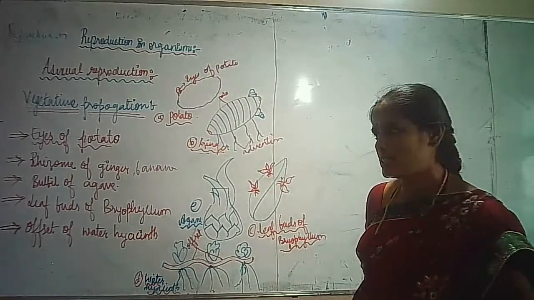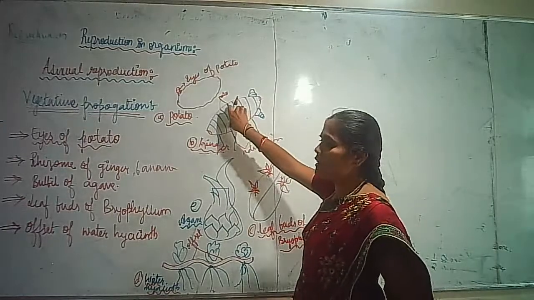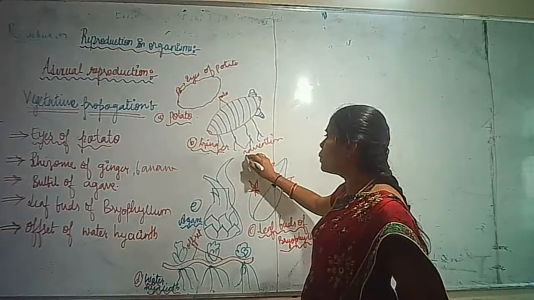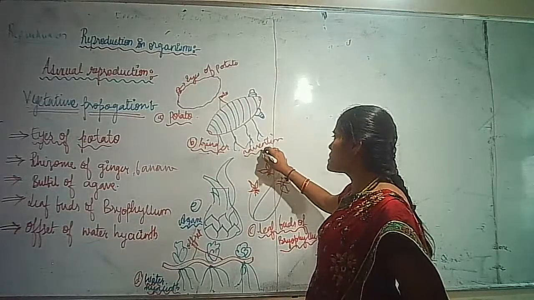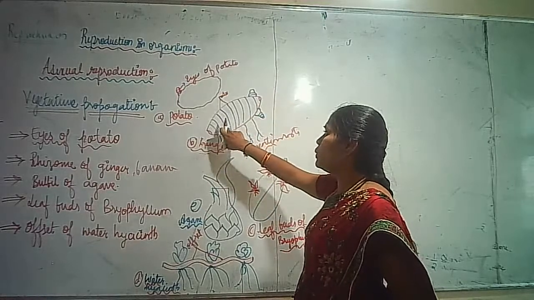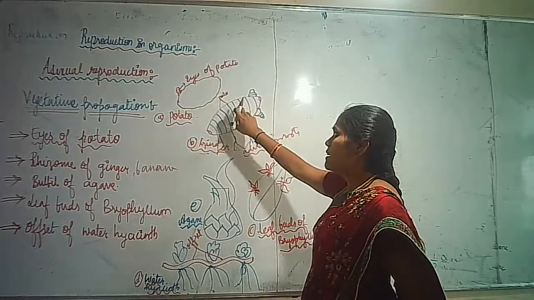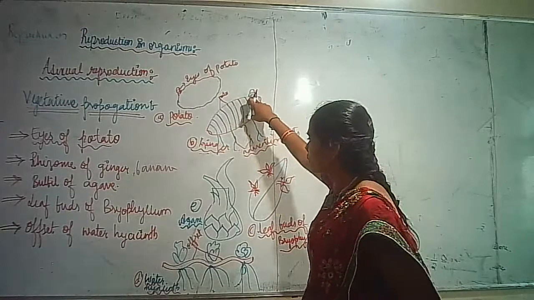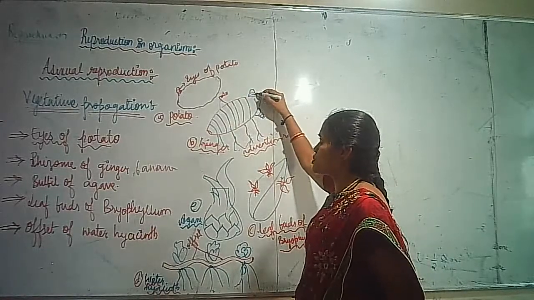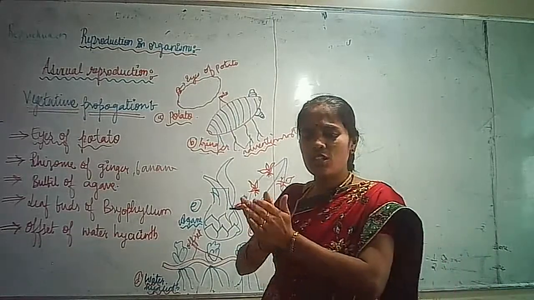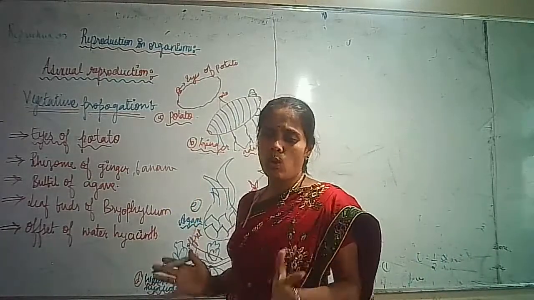So here the ginger is a modified stem, and these are the adventitious roots, dear students. The nodes are there, and from the nodes there arises a structure called rhizome. With the help of this rhizome, the ginger is capable of growing.